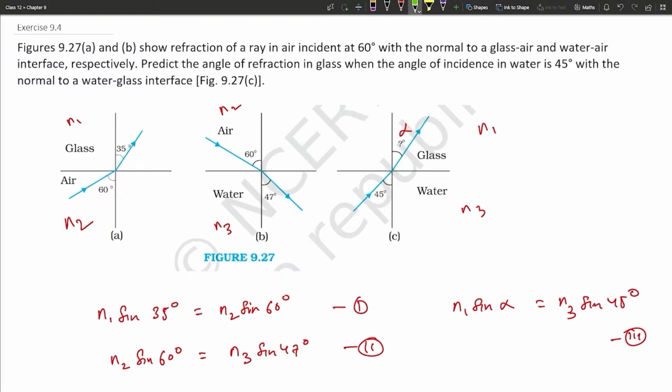So we will use Snell's law over here. For convenience I have taken the refractive index of glass as N1, refractive index of air as N2 and refractive index of water as N3. Now let's revisit Snell's law.